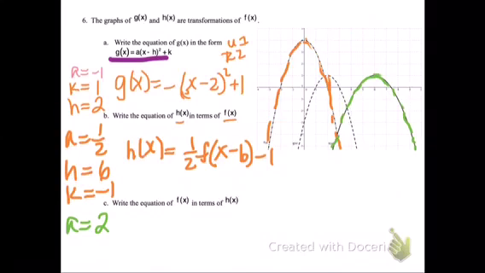Okay, so remember, if I haven't said it enough, vertical stretches and shrinks only apply to your y value. So I'm going to start with my vertex, which was at 1. If I take 1 and I multiply it by 2, I'm now going to be at 2. Like I said before, I like to have those 3 points.